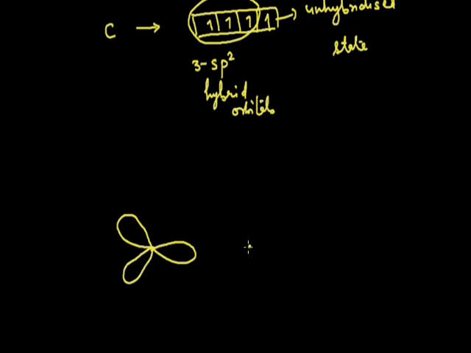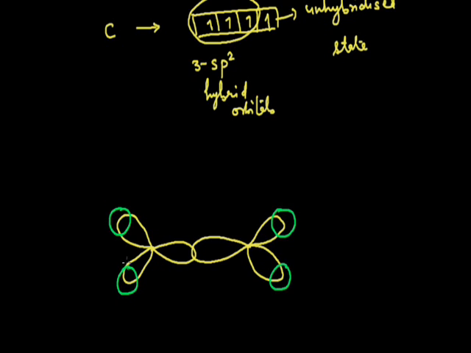Similarly, for the second carbon, if these are the hybrid orbitals lying in the trigonal manner, the overlapping takes place with the hydrogen orbitals in such a manner. Two hydrogen orbitals of two different hydrogen atoms combine with the sp2 orbitals of carbon.